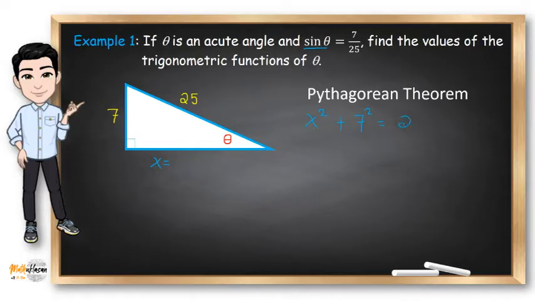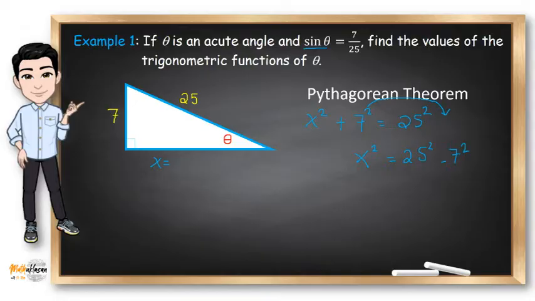Since the hypotenuse is 25, just write 25 squared here. For us to solve for x, all we need to do is to transpose 7 squared on the right side. So, pwedeng maging ang equation natin ay x squared equals 25 squared minus 7 squared.